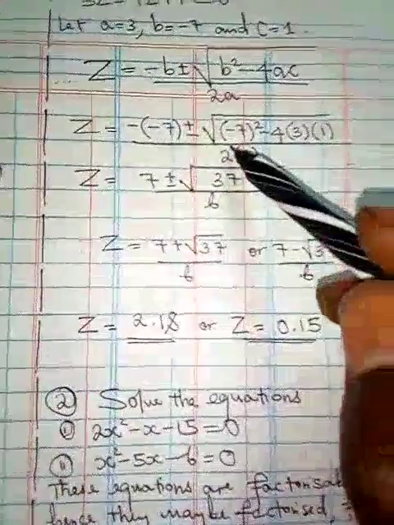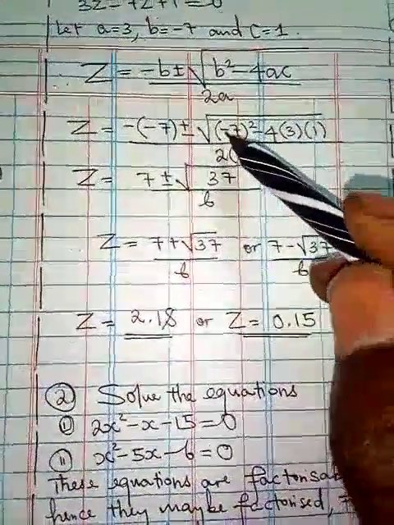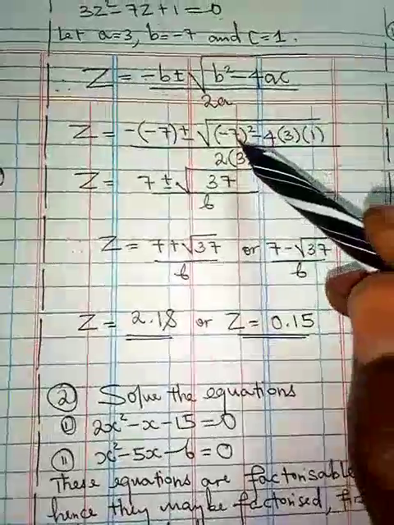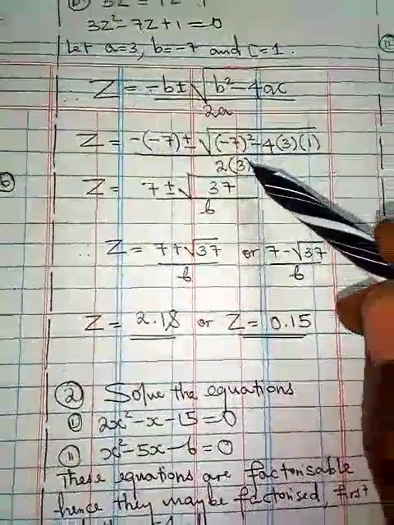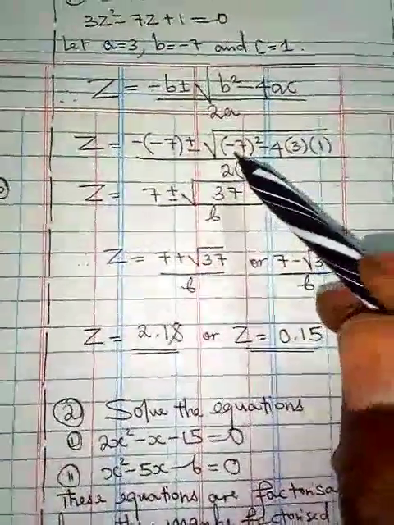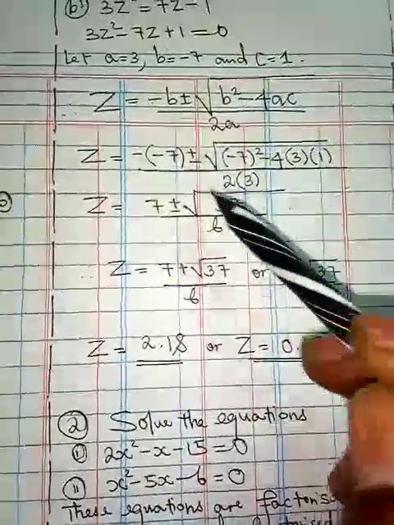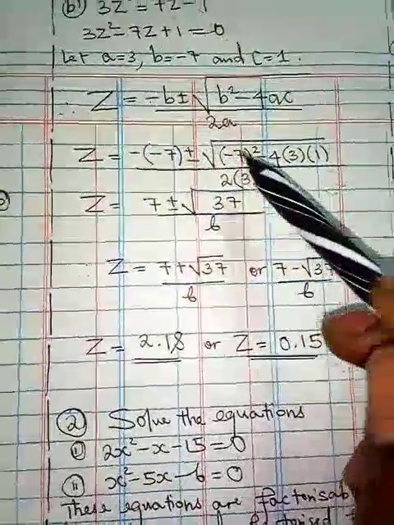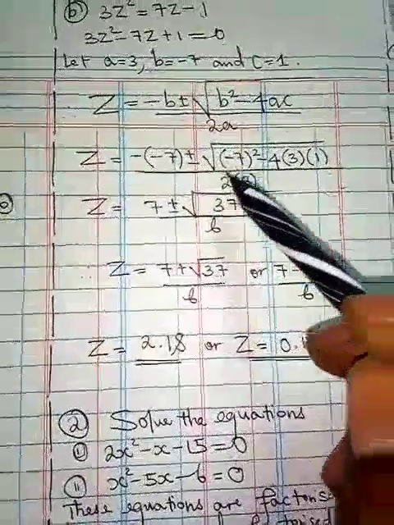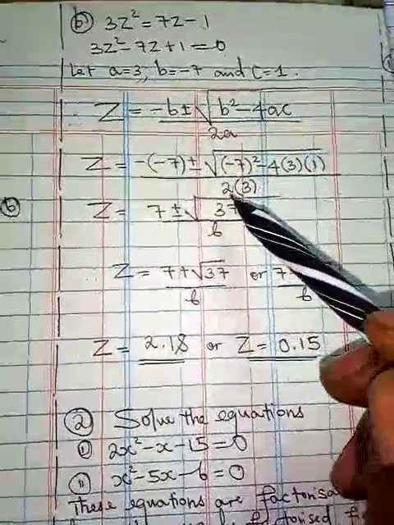Again, notice this is going to be negative 7 squared. So here is a caution again. Calculators might be allowed when handling these problems, but at times the way you use your calculator is important.